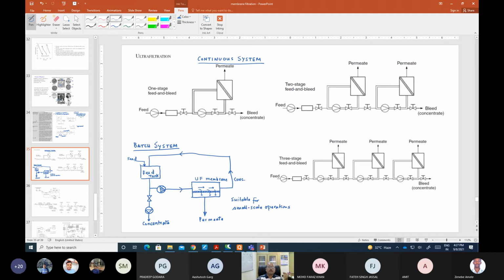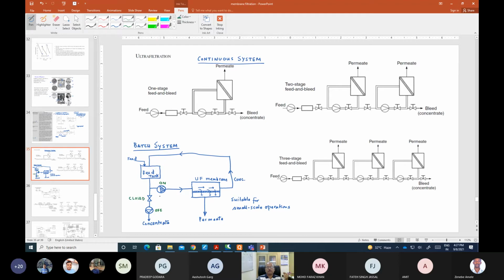So initially, let me draw these things. What happens initially is that this pump is on, okay, and this pump is off, okay, and here is this valve. This will be closed initially, okay.